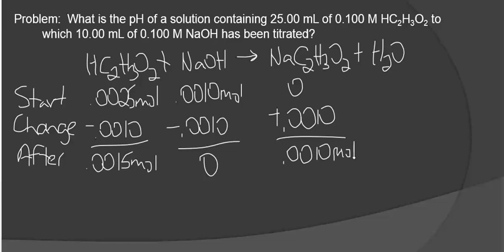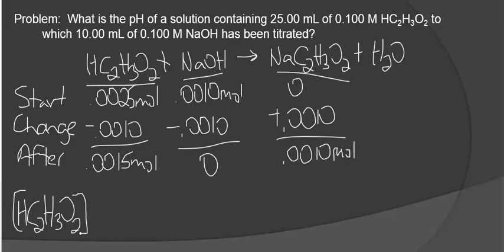We cannot disregard the salt now because the salt comes from a strong base and a weak acid, so the salt affects the pH. So I'm going to get the concentration of acetic acid by taking the moles, 0.0015, dividing by the total volume. The total volume is 0.035 liters.